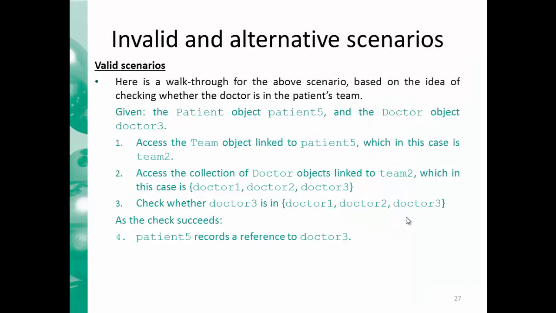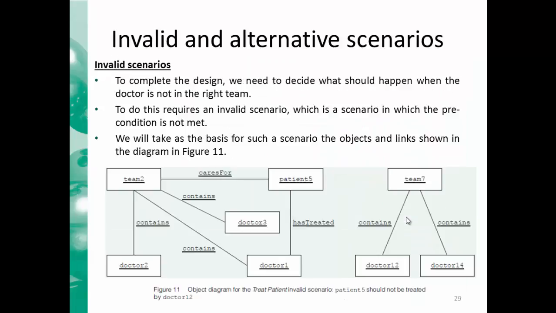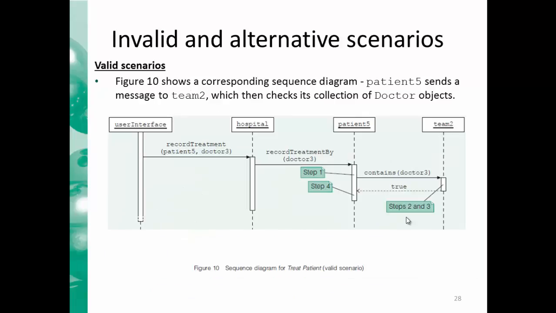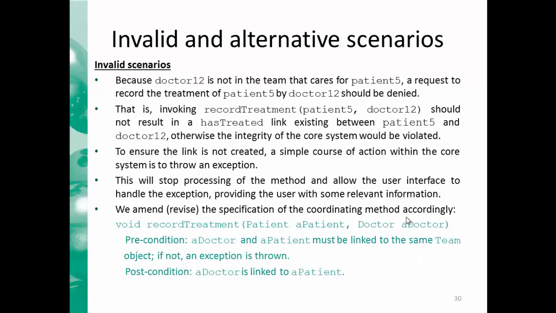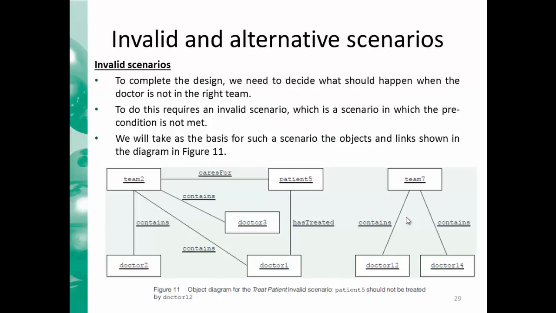In other situations, for example, Dr. 12 cannot treat patient 5 because Dr. 12 is from team 7 and team 7 is not the team caring for patient 5, and that will produce an invalid scenario.